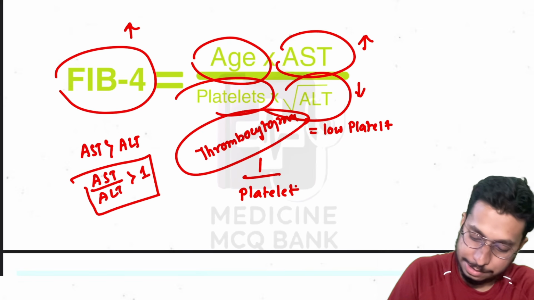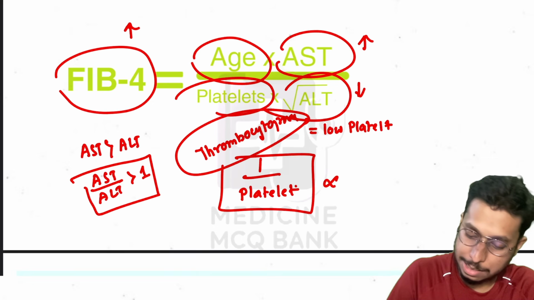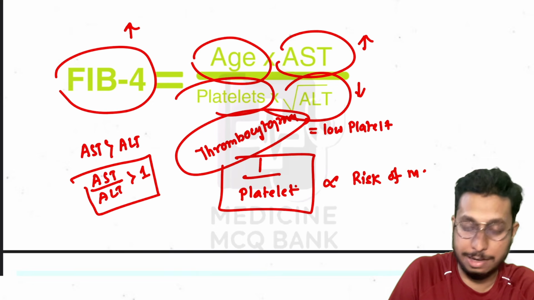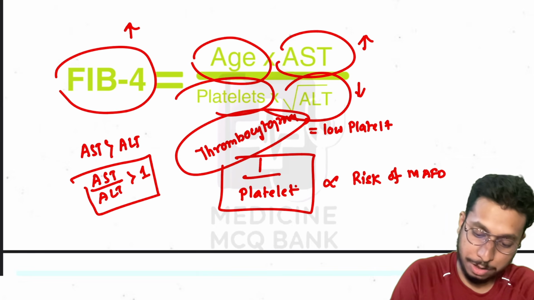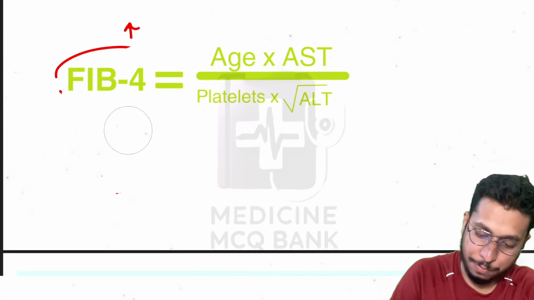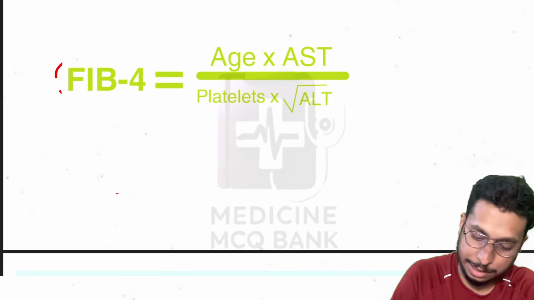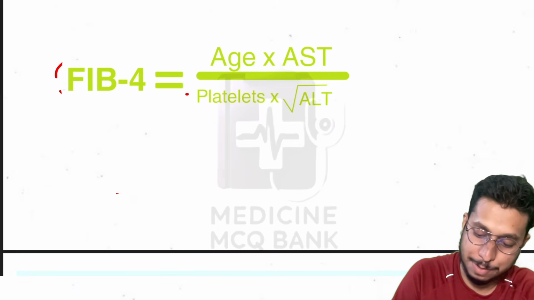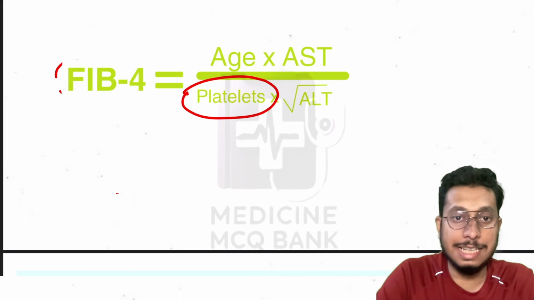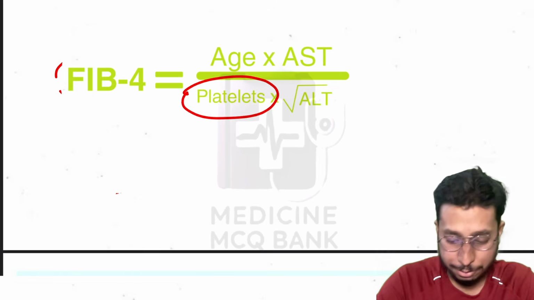So risk is directly proportional to 1 by platelet, the risk of MAFLD. Therefore, the risk of fatty liver will obviously increase with increase in 1 by platelet, or it is inversely proportional to the platelet count. As long as the platelet decreases, risk increases. That's what I have to say.